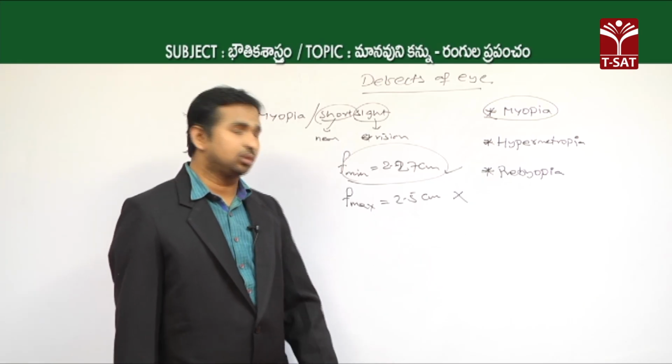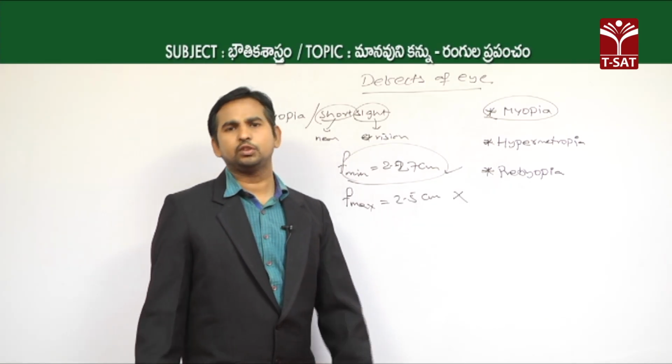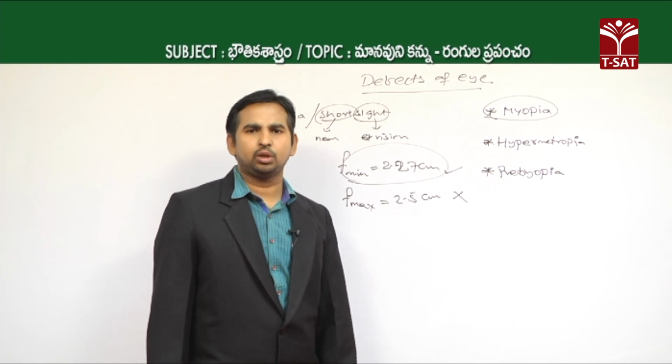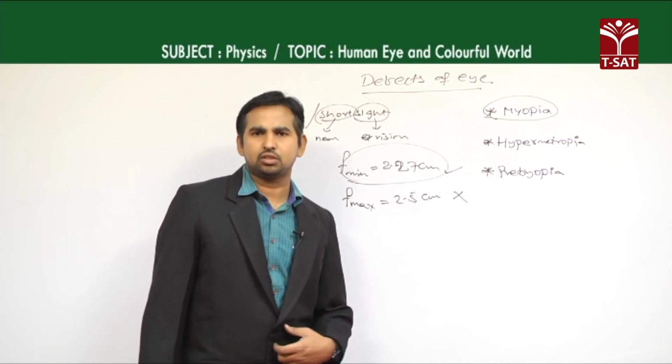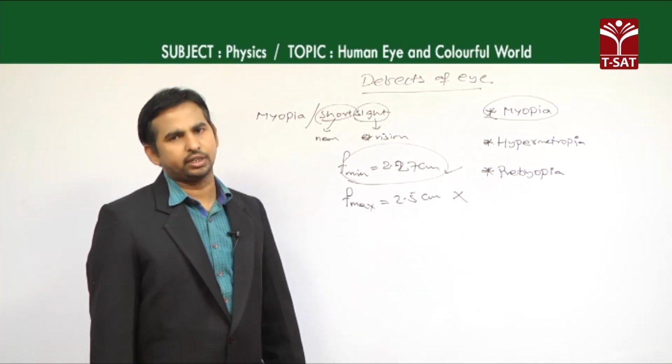Based on myopia, they mainly ask which type of defect we have. The defect with myopia is short sight, which means we can see near distant objects clearly, but not far distant ones.